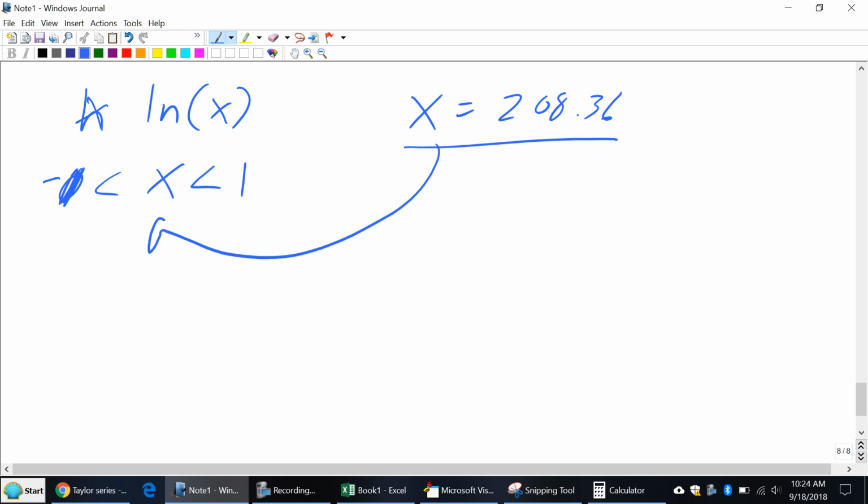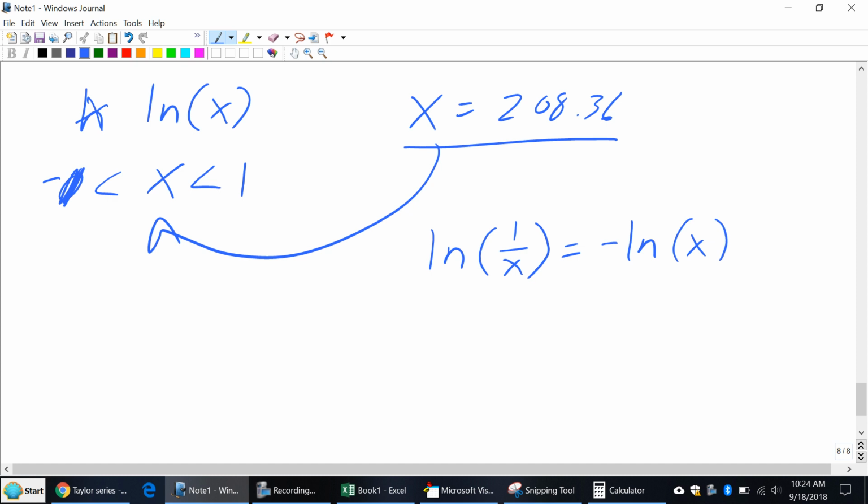Because x is outside of this range. Well, there's a little trick that you probably know. If you don't know, you're going to learn it. The natural log of 1 over x is equal to negative natural log of x.